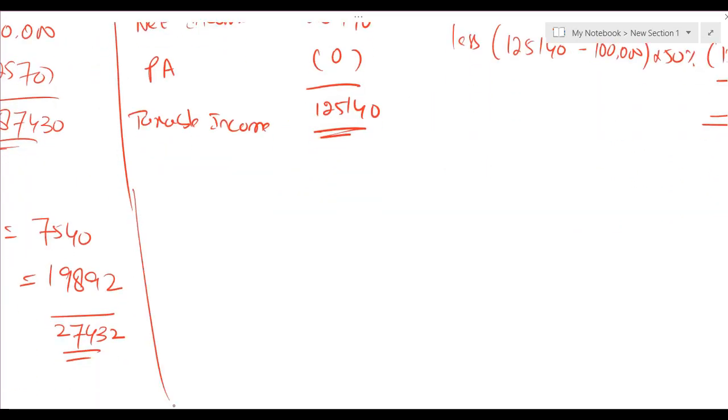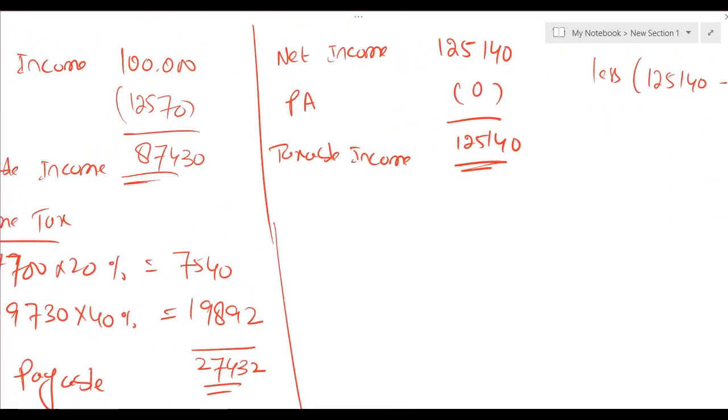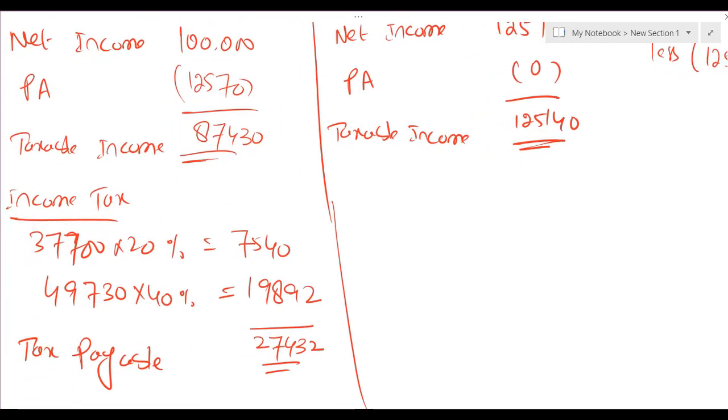Now let's calculate income tax. Basic rate band is 37,700. We have to take 20% of this. 37,700 into 20% is 7,540.